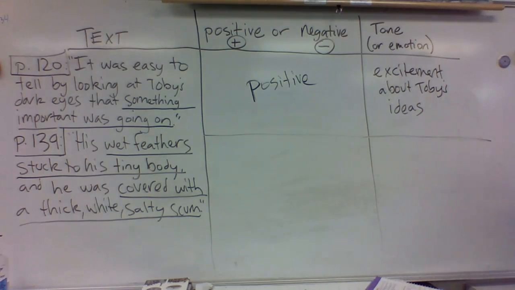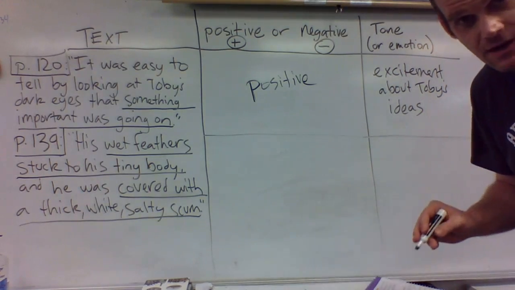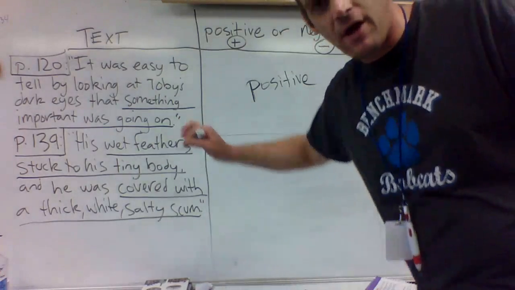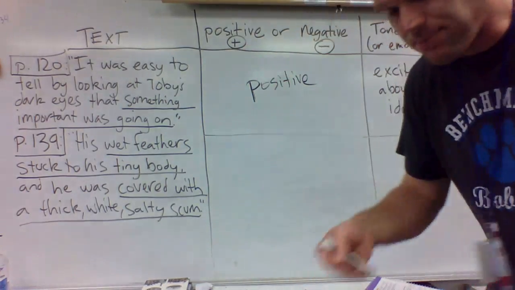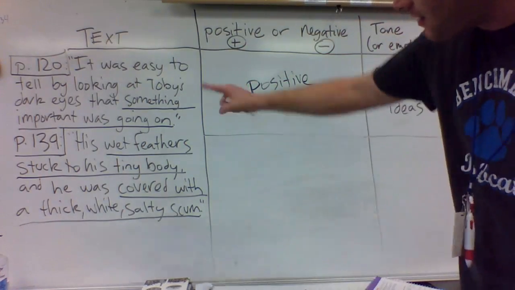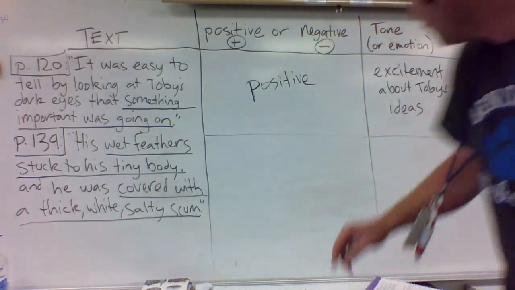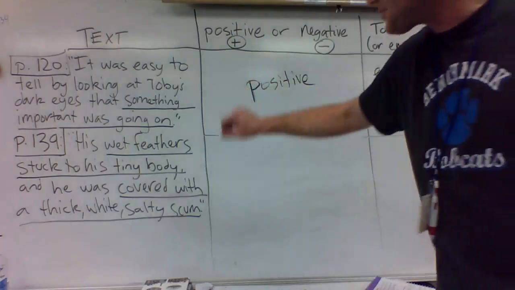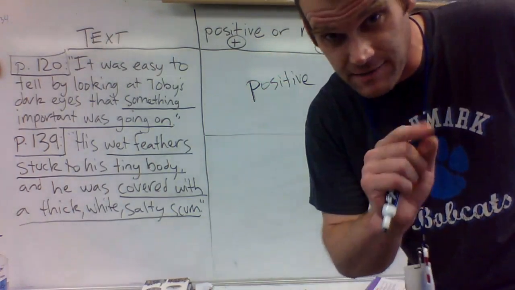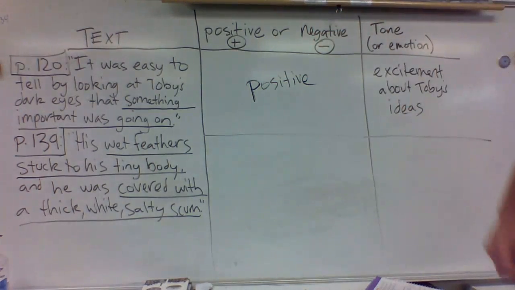Something important is going on. April, Melanie, Marshall, and Elizabeth know that Toby likes history a lot, and he might have a lot to bring to this game. So they are excited. This passage has a positive association, and that positive emotion is excitement.